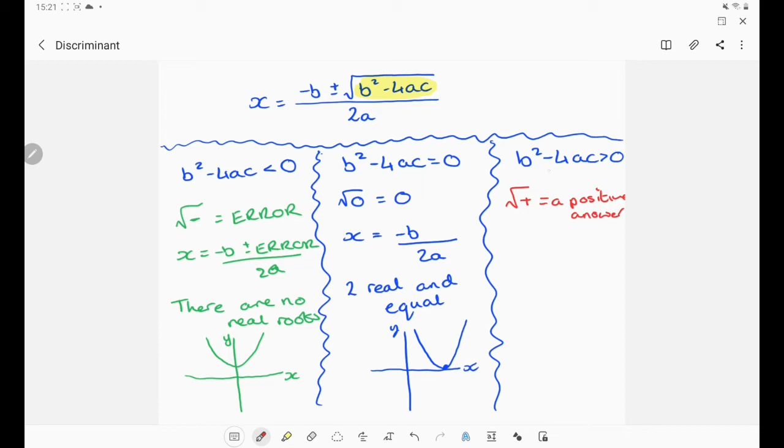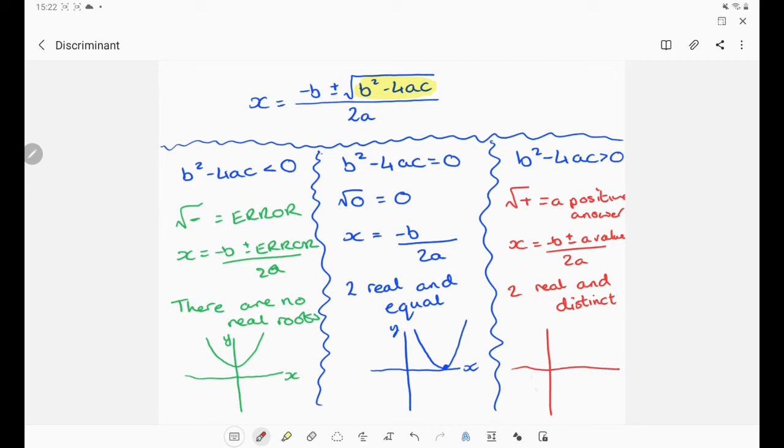Therefore, when you go to your formula, x equals minus b plus or minus over 2a, you're going to be adding and subtracting a value. And this is how you end up with two real and distinct roots. That's the word we like using here. Distinct means you can tell the difference between them in comparison to when they were real and equal, and both the roots were indistinguishable.